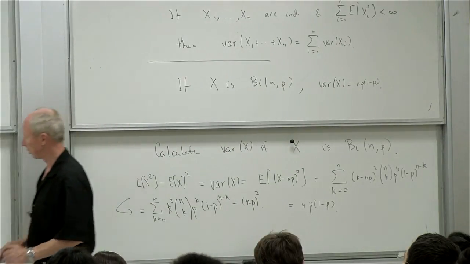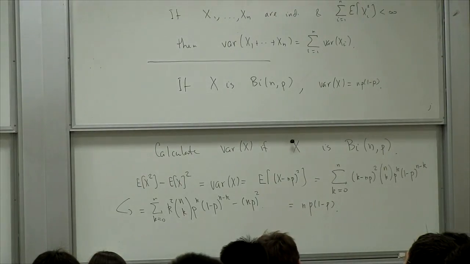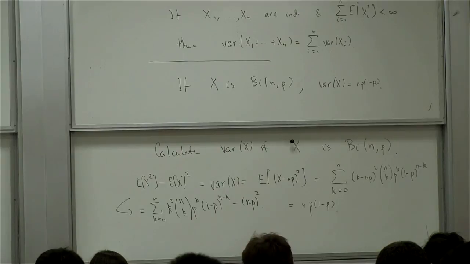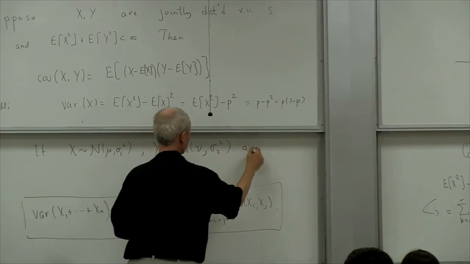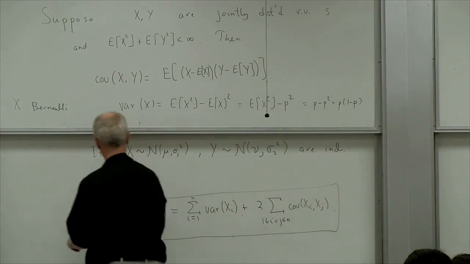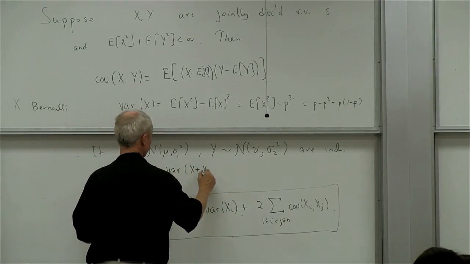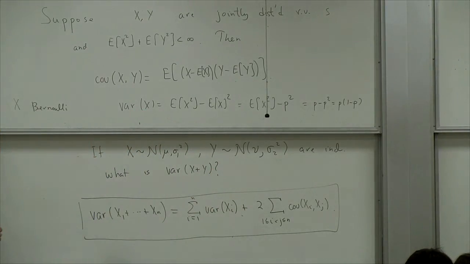Let's try one more example. If x is normal with mean mu and variance sigma_1 squared, and y is normal with mean nu and variance sigma_2 squared, and they are independent, what is the variance of the sum?